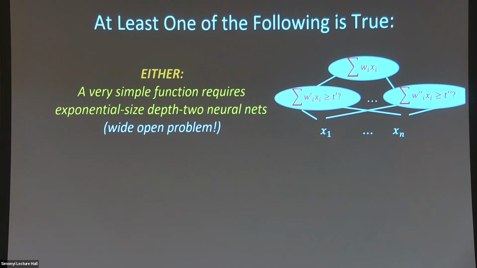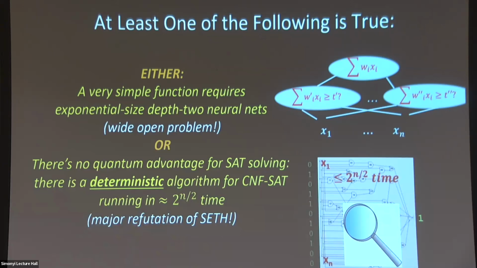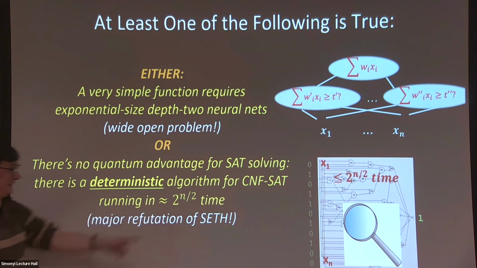So either an extremely simple function, essentially a CNF, needs exponential size neural nets, the major open problem, or this very simple function actually has sub-exponential size depth-2 neural nets, and we can use this to get a deterministic algorithm for CNF SETH running in this much time.